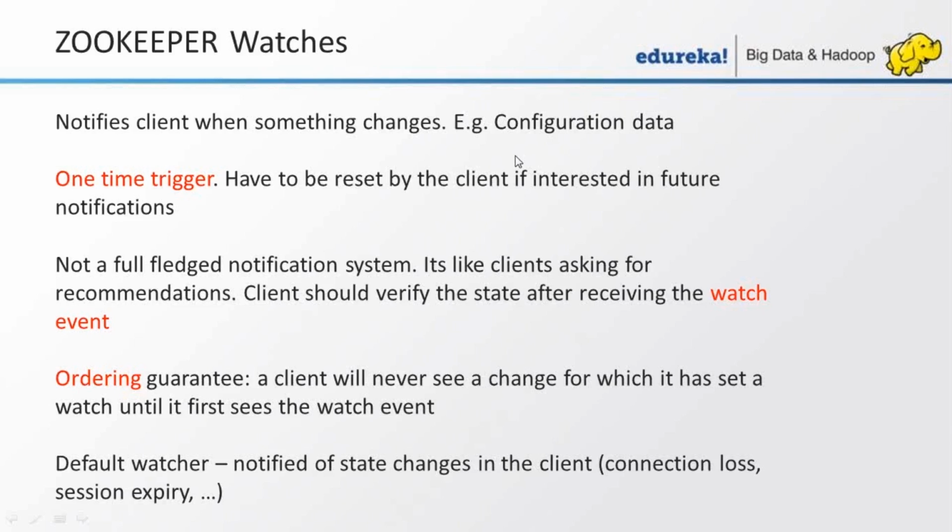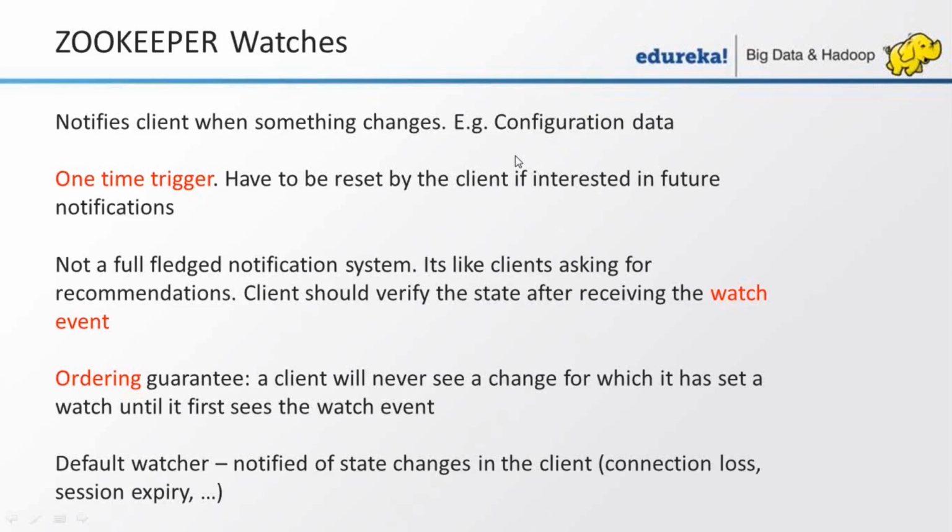So a client will never see a change for which it has set a watch until it first sees the watch event. If a watch is set on a ZNode and something gets updated for the ZNode, the client will not see that update before it sees the watch event.